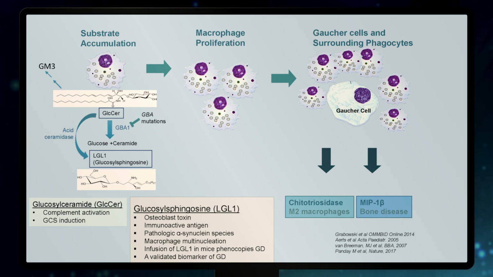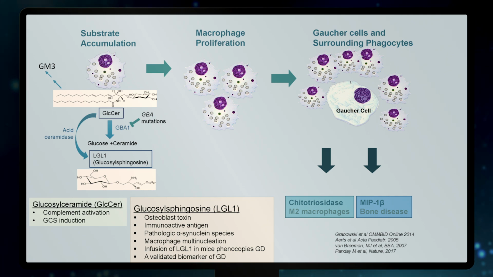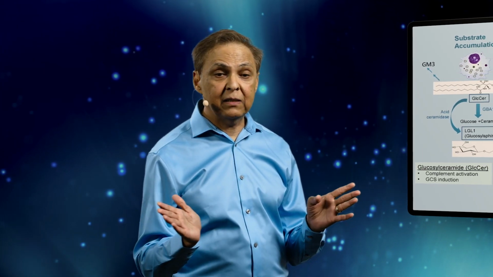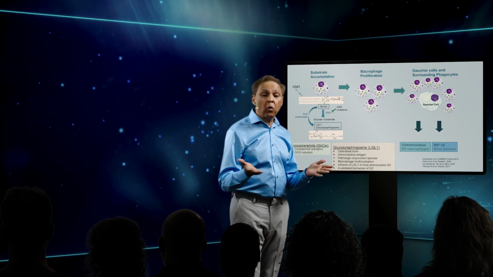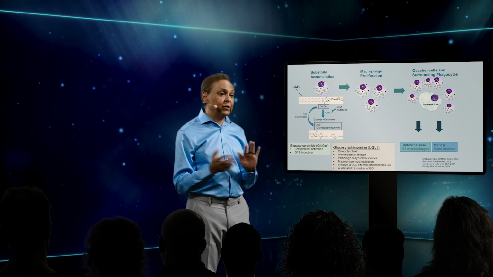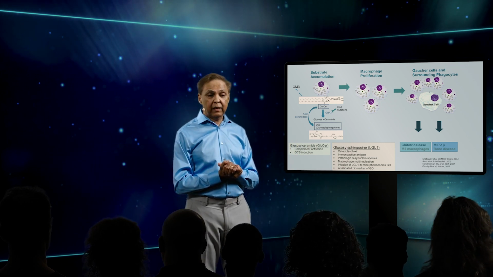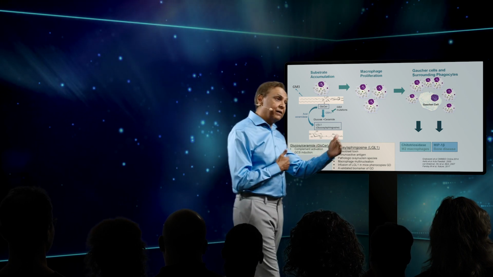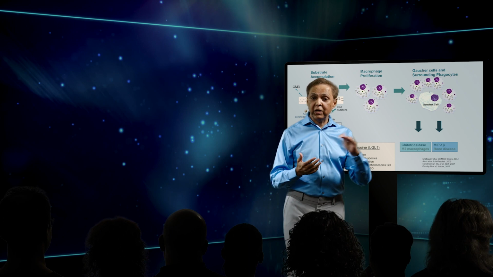And he discovered that chitotriosidase, a protein, was produced thousands of times greater than in normal cells. And that over time has become a marker of Gaucher disease. And I'm sure all of you know what your chitotriosidase is.